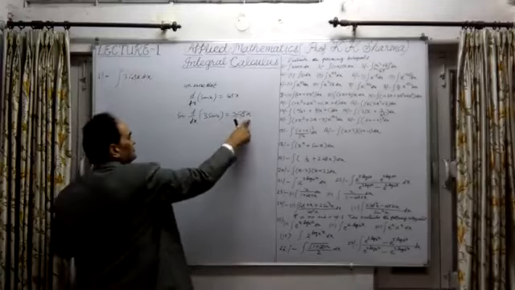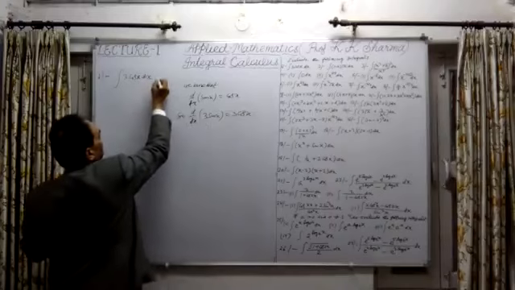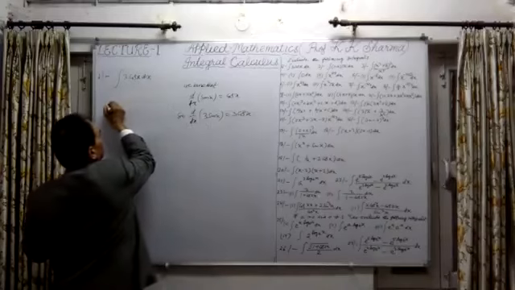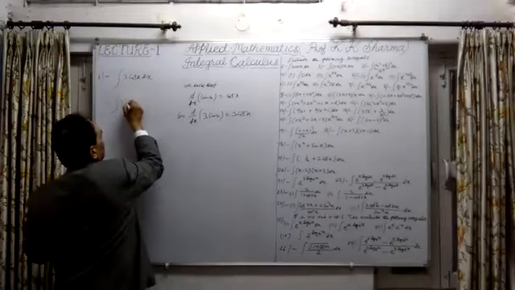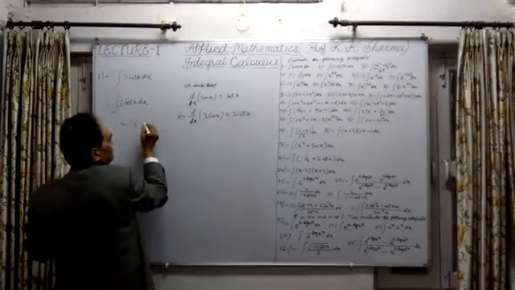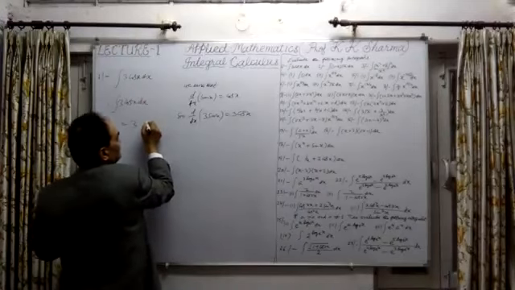Therefore, the integration of 3 cos x equals 3 sin x. Therefore, the integration of 3 into cos x into dx is equal to 3 into sin x.